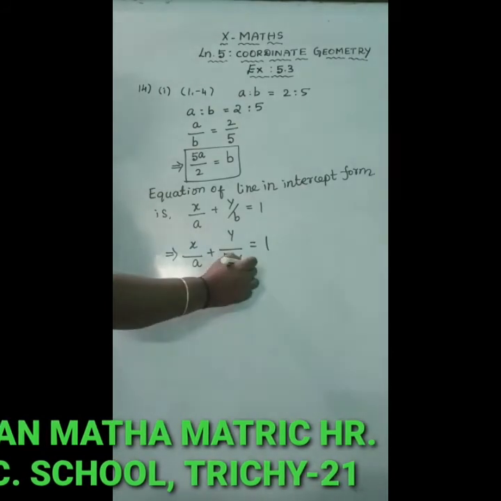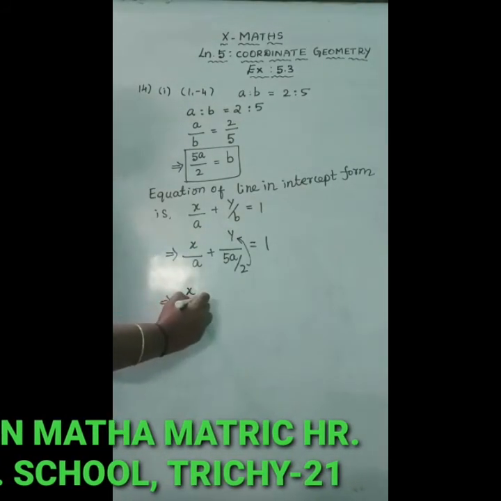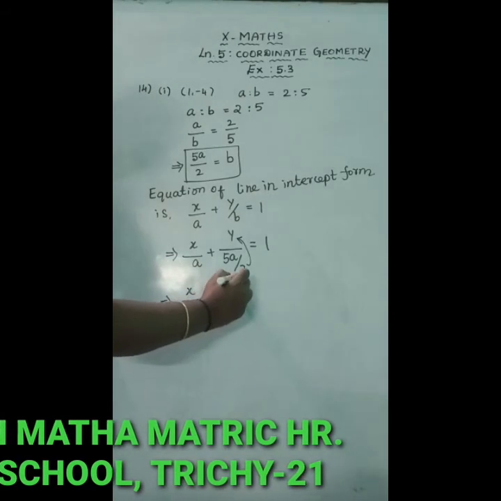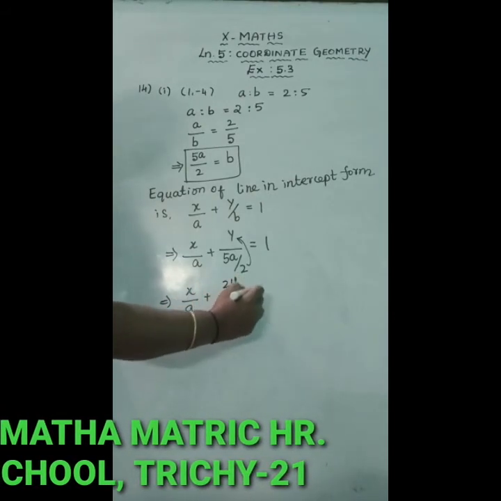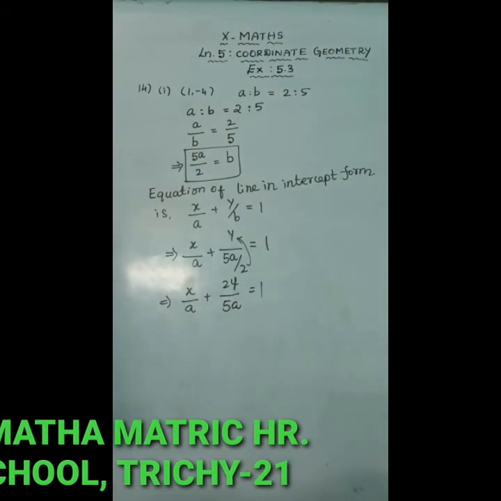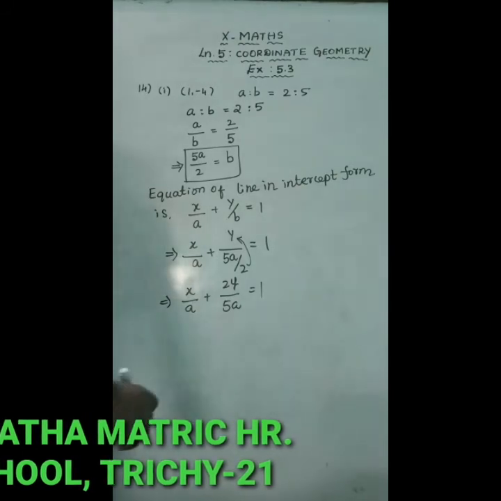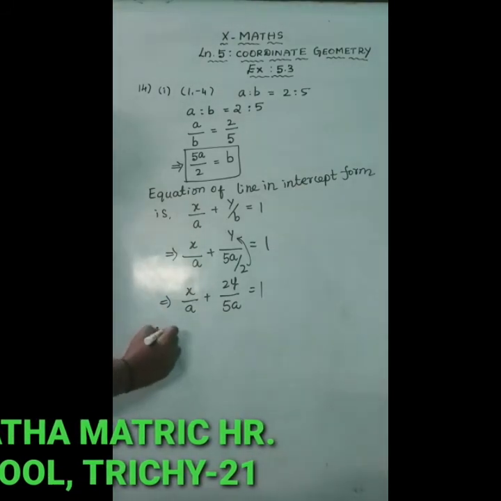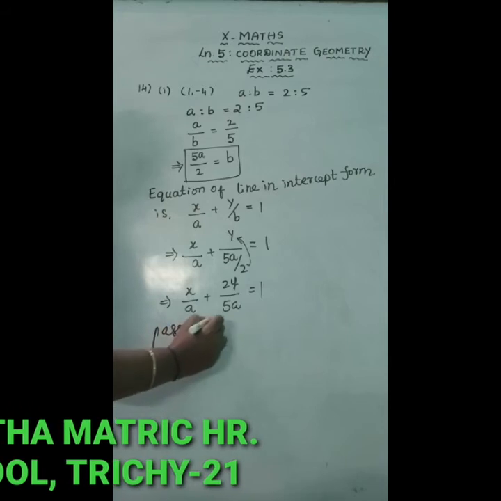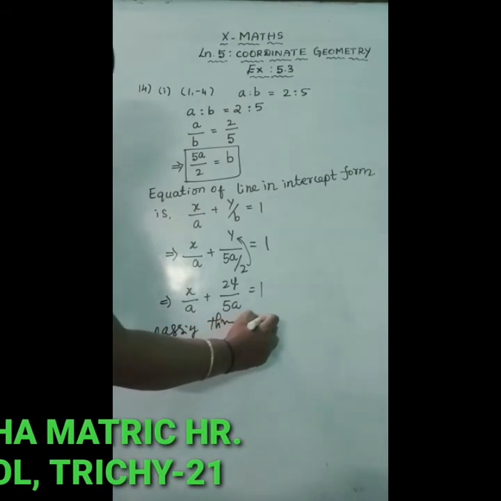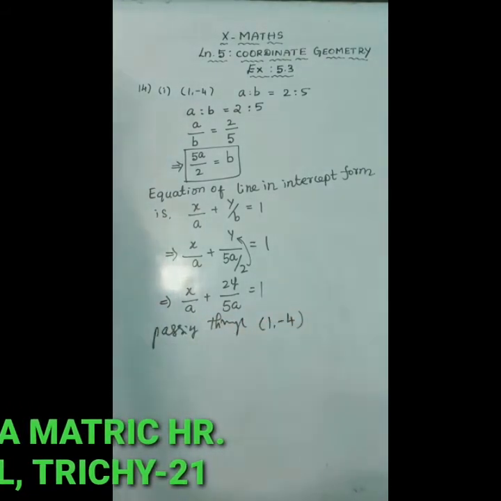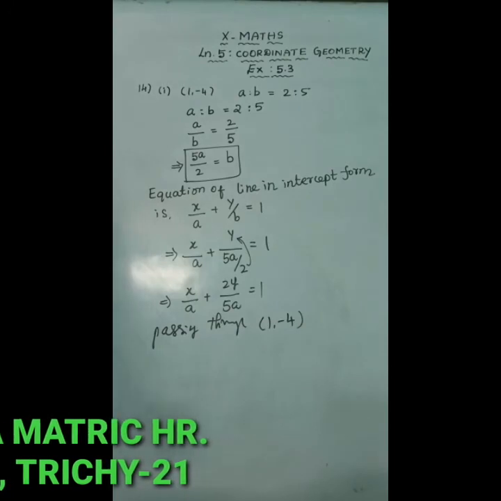So 2 is multiplied into y. We have x by a plus 2y divided by 5a is equal to 1. So this equation is passing through (1, minus 4). So we substitute the values of x and y.